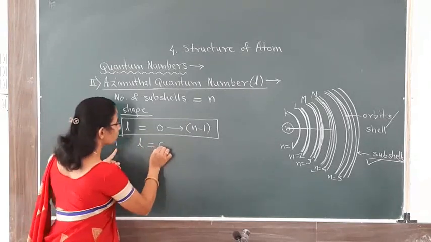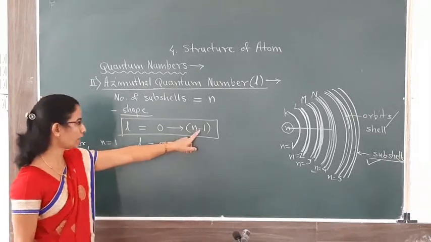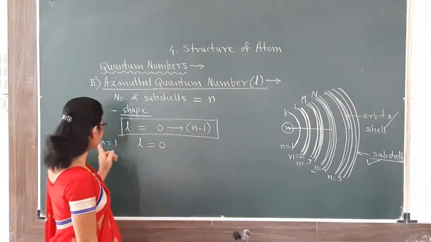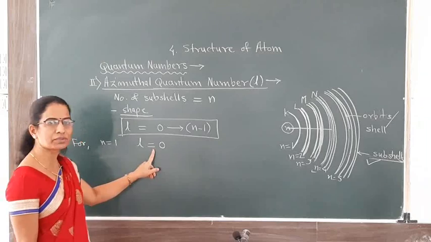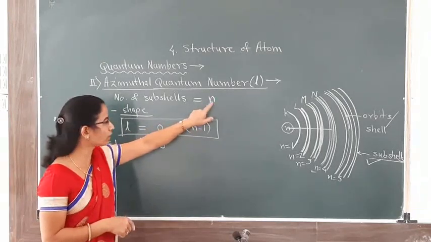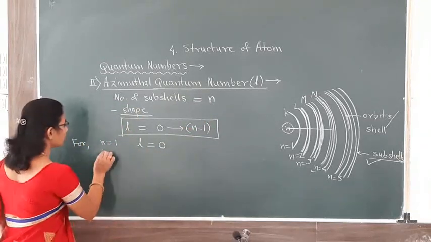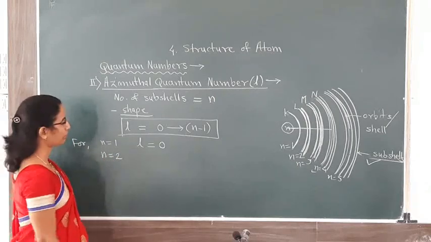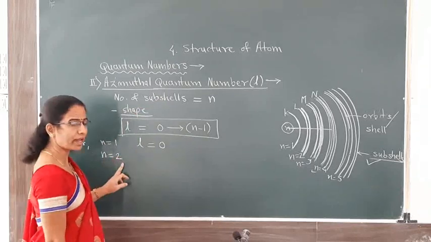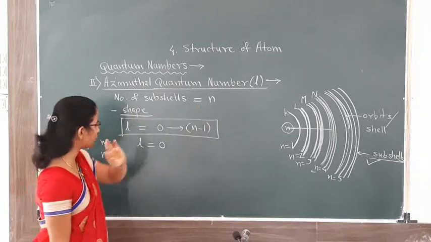Start the values with 0 and end at n minus 1. That is 1 minus 1, means 0. Means for the first shell, how many subshells are present? Only one subshell is present, and for that subshell l is equal to 0. Similarly, if you take the second shell, how many subshells are present in it? 2, because n is equal to 2.